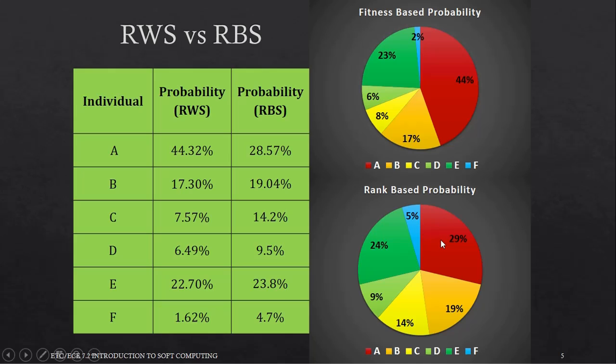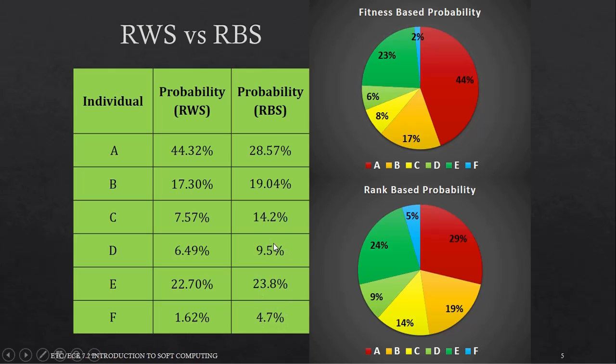Whereas all the other individuals who were fighting hard for whatever remained are now a little more comfortable, and the opportunities they get will be a little more comparable with others. Still, even after this redistribution, fitter individuals like A, E and B have higher chances of getting selected, and weaker individuals like D and F have still comparatively lower chances of getting selected.